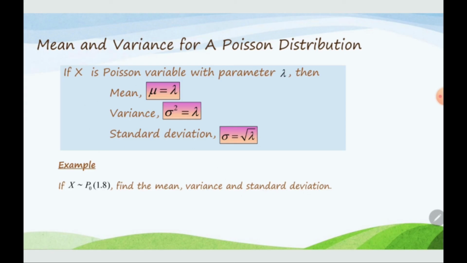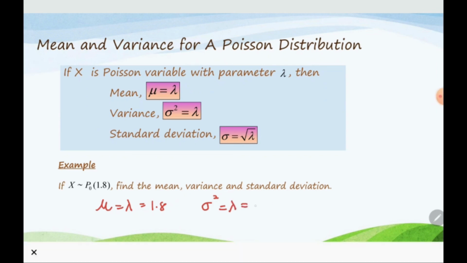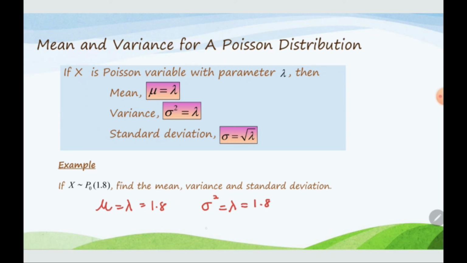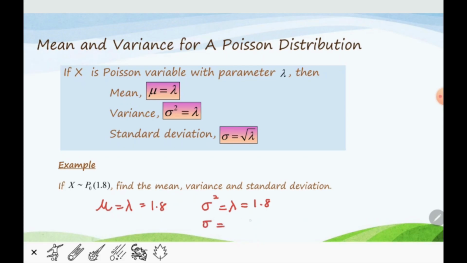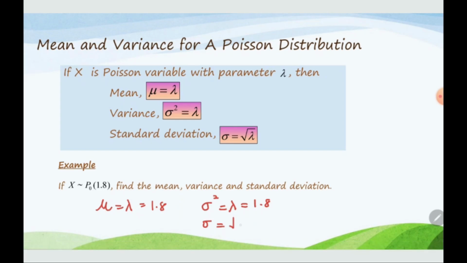So as we know, the mean is equal to lambda, which is 1.8, and the variance equals lambda, which is 1.8, and for the standard deviation, we just take the square root of 1.8. So by using your calculator, you will get 1.3416. Take up to 4 decimal places.